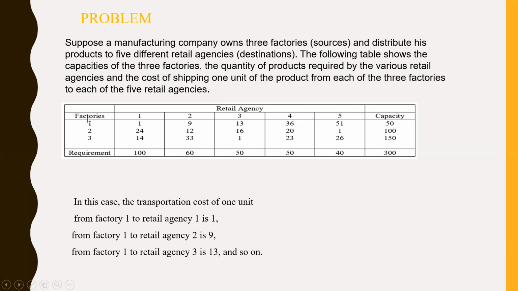Similarly, the factories can be written as factory 1, factory 2, and factory 3. So F1 to D4 takes 36 for transportation cost. F1 to D5 takes 51. And the capacity for factory 1 is only 50.